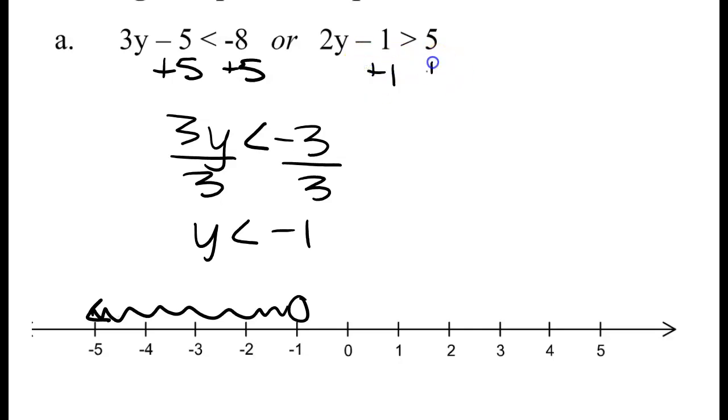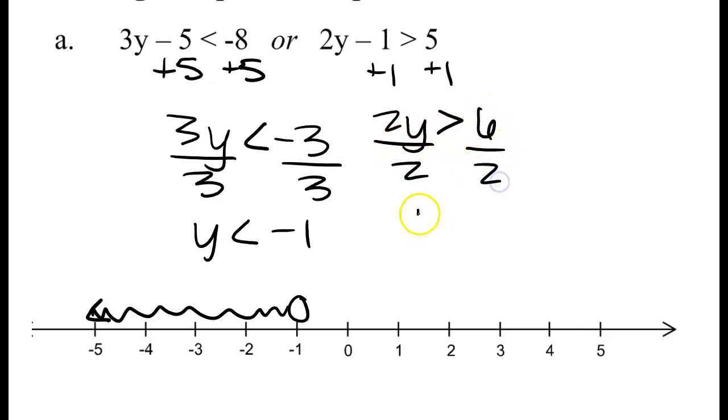Add 1 to both sides. You get 2y is greater than 6. Divide by 2. y is greater than 3. Let's put an open circle on 3. All the numbers greater than 3 are to the right. And that's how we solve and graph compound inequalities.